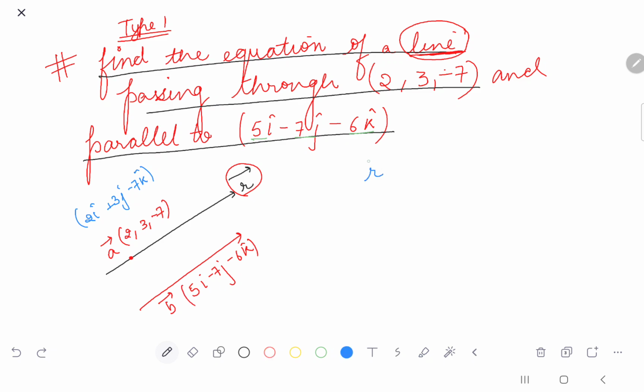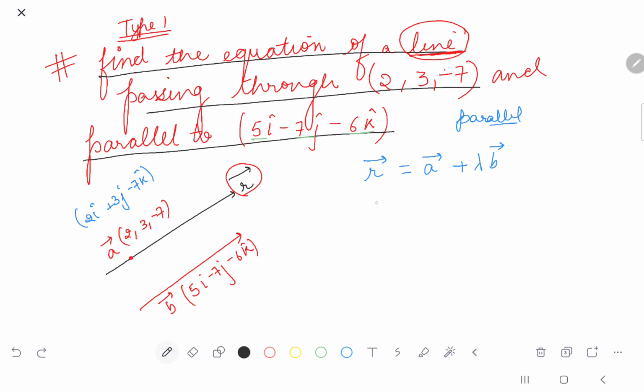So what is the formula? R vector equals A vector plus lambda B vector. B vector is the vector to which my required line R is parallel. Actually, R is parallel to B, and R is passing through point A. So A is basically the point. You understand?